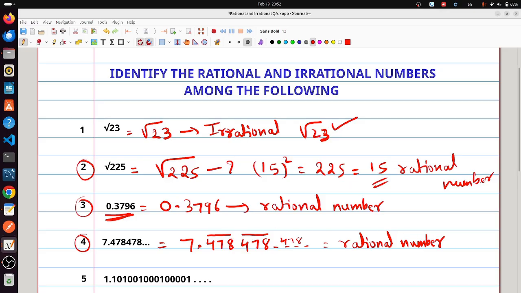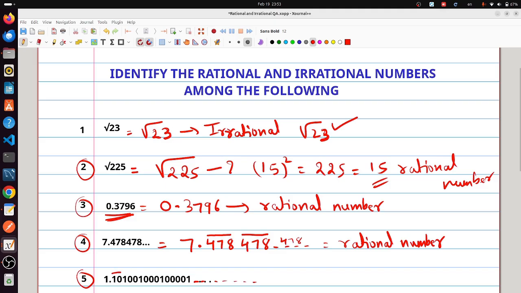Let us take the fifth question. Just pause the video and check whether it is a rational or irrational number. Let me know in the comments below. Here I will solve this one. This is non-terminated, it keeps on going.